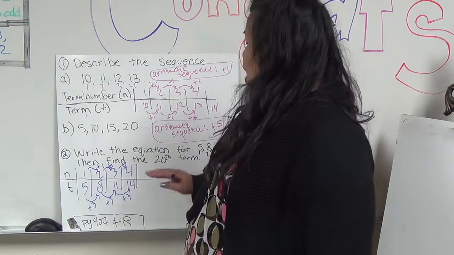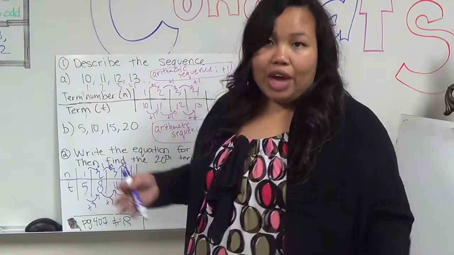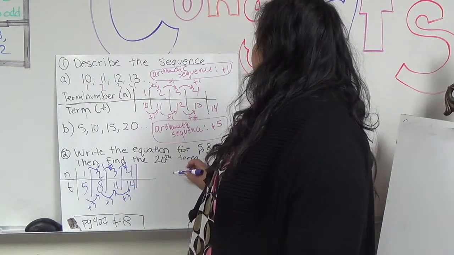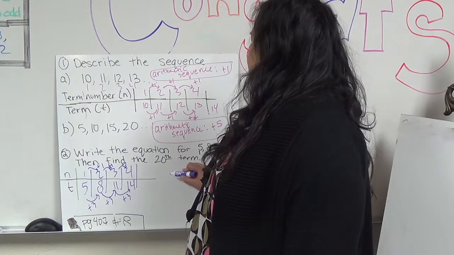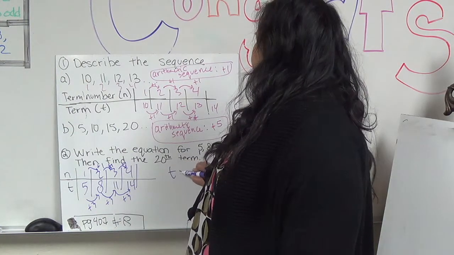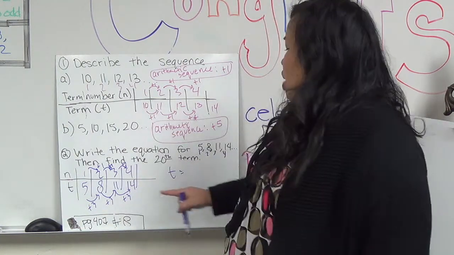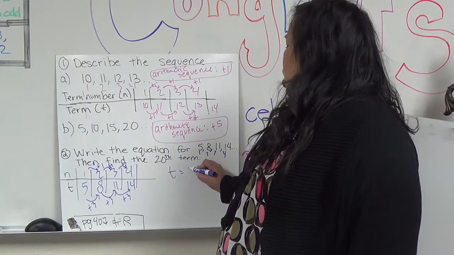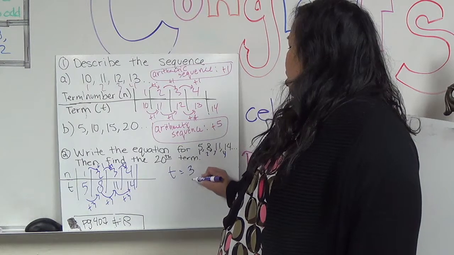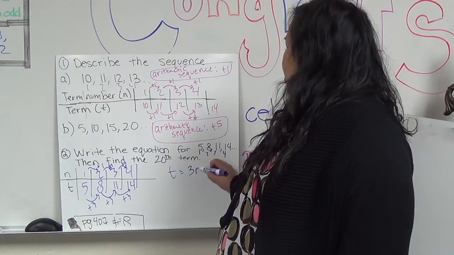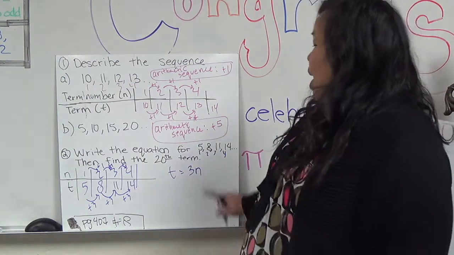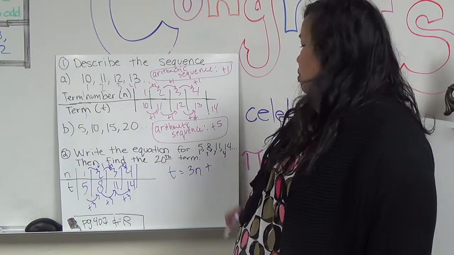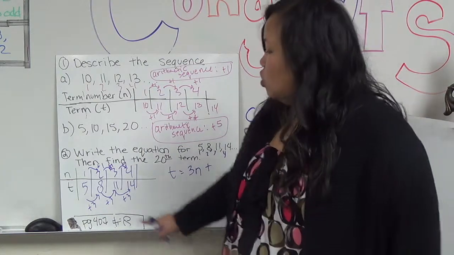So what that means is now we have to find a rule that the pattern follows. My answer is going to be T, and I know that it moves 3 each time, so I'm going to add 3 to each of my n. But I need to know my starting position, which is where it is at 0.